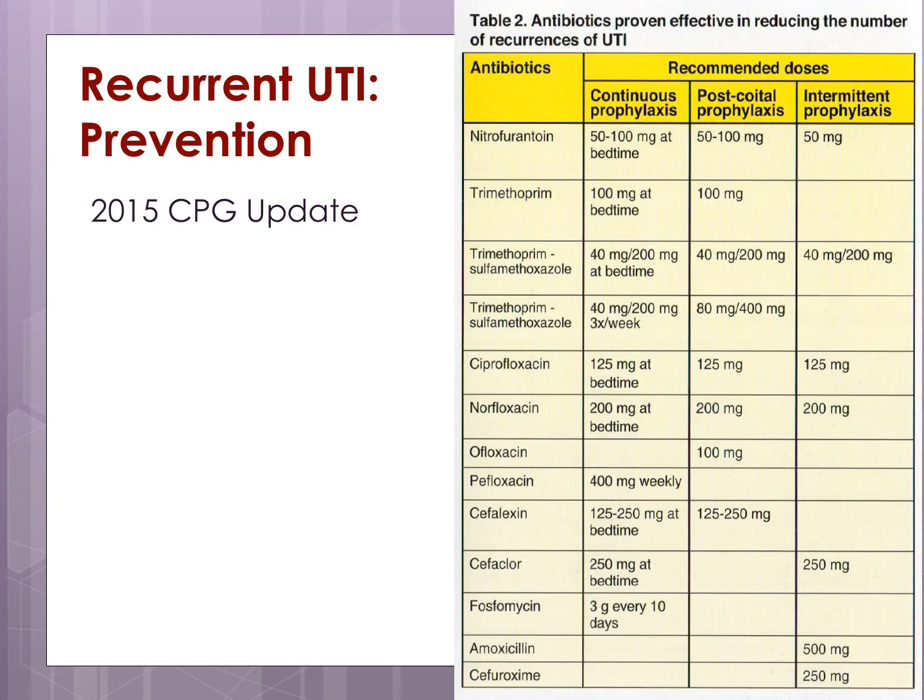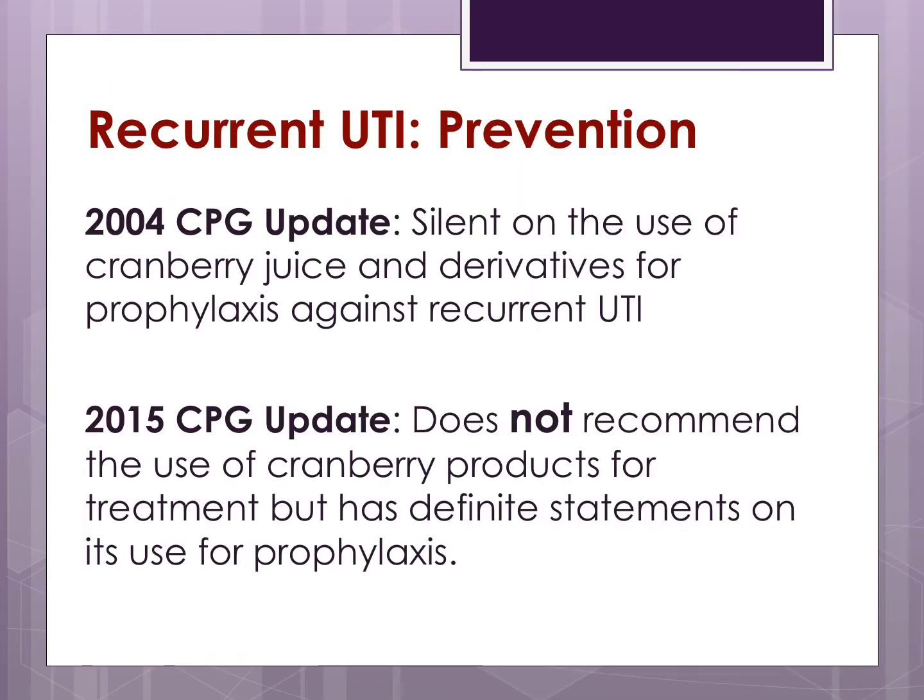In the 2015 update, nitrofurantoin is still there, trimethoprim-sulfamethoxazole is still there, quinolones are still there, the cephalosporins are still there, but now we have fosfomycin already in the recommendation, and even amoxicillin and cefuroxime for intermittent prophylaxis.